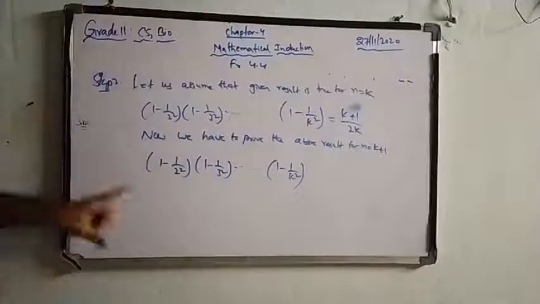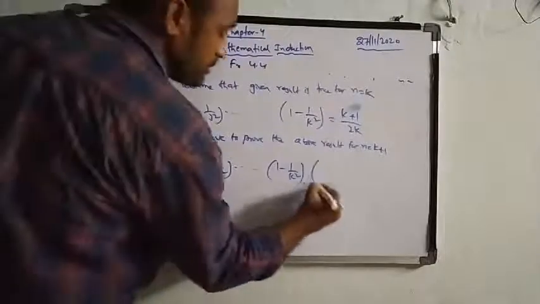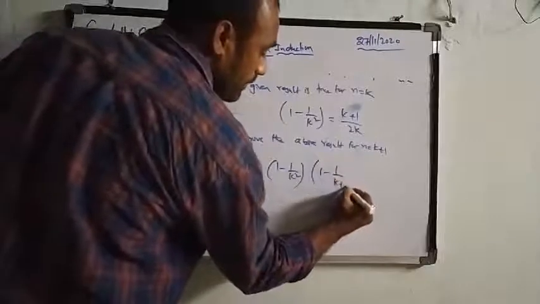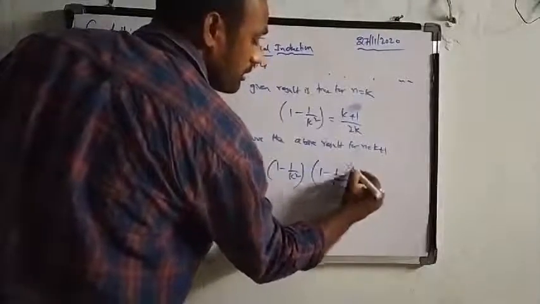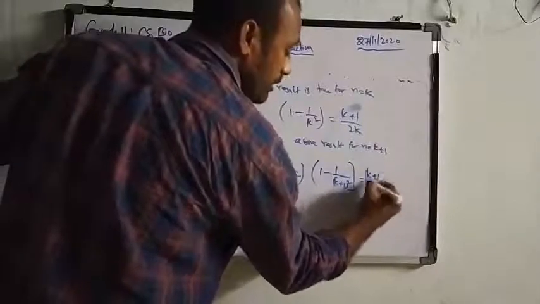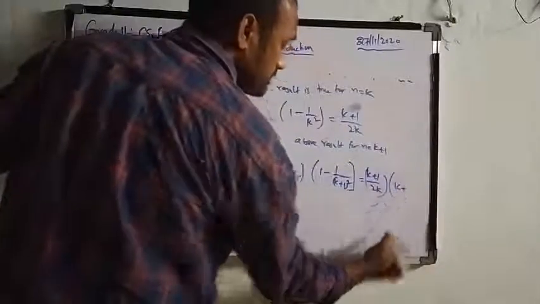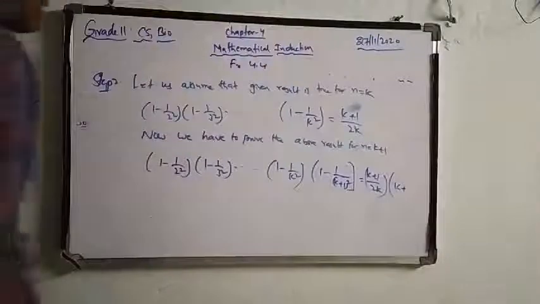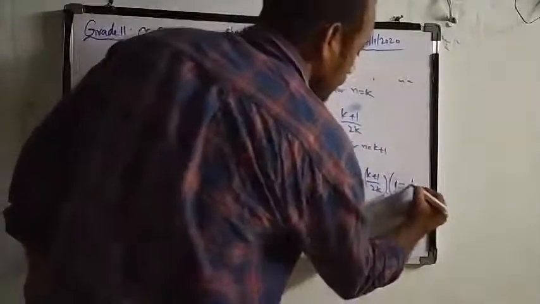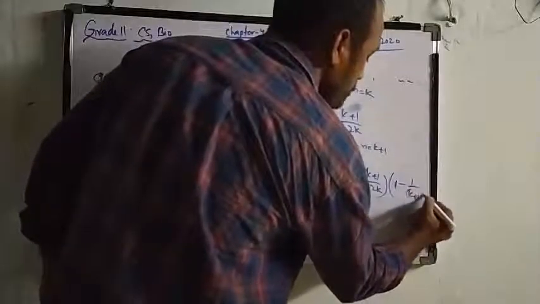Here we are not going to add, we are going to multiply, since it is a product question. So times 1 minus 1 by k plus 1 whole square is equal to k plus 1 by 2k into 1 minus 1 by k plus 1 whole square.